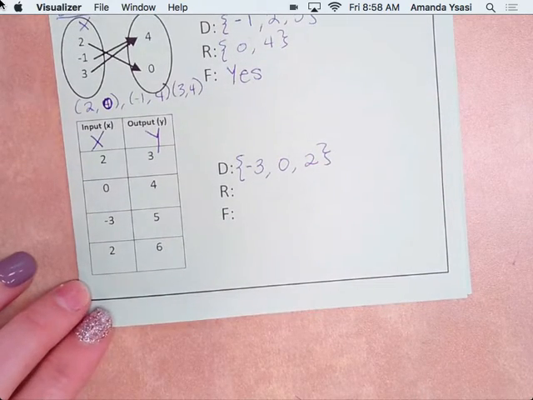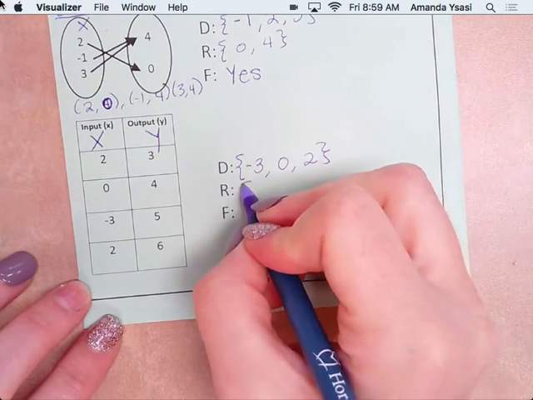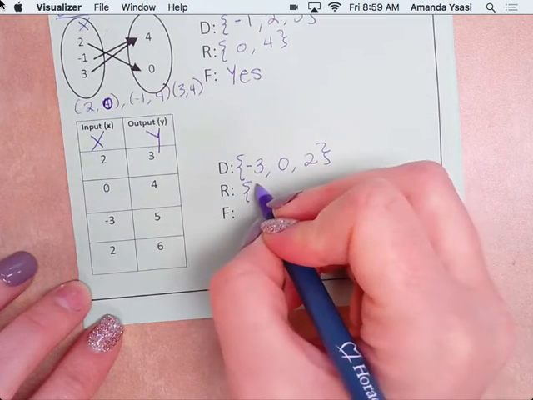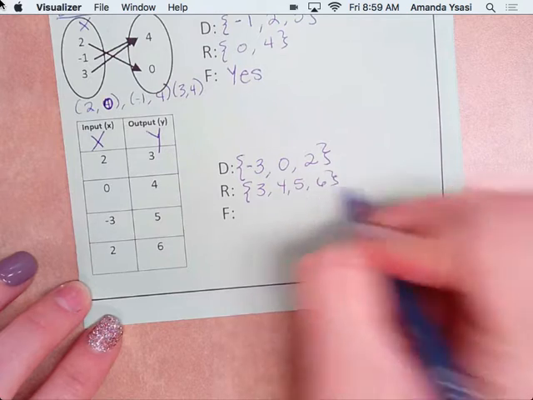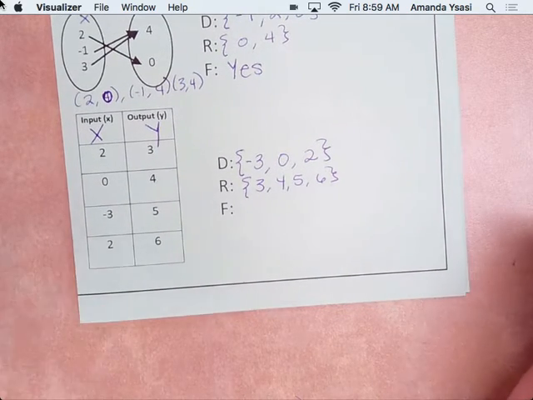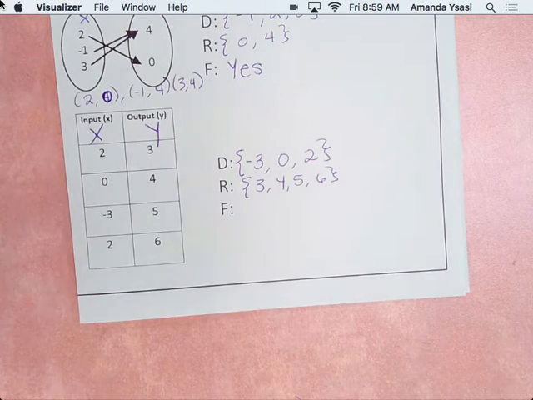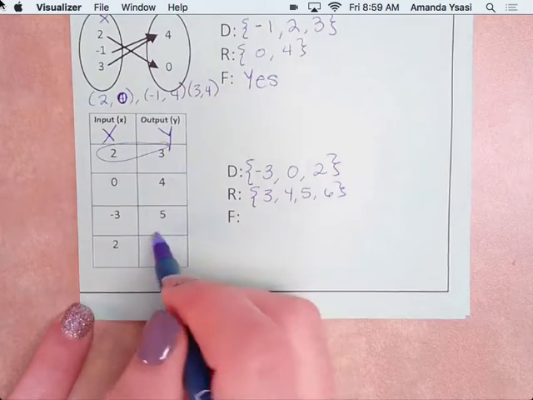We only write it one time. And then the range, 3, 4, 5, 6. Okay, is this one a function? No. Why? X's repeat. Yeah.